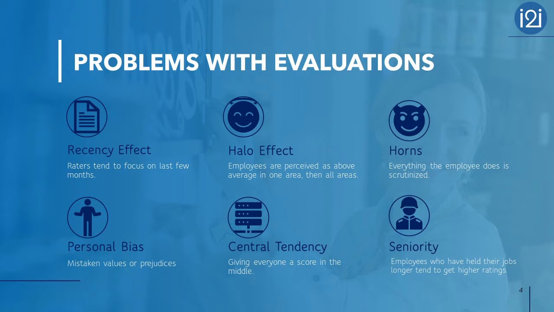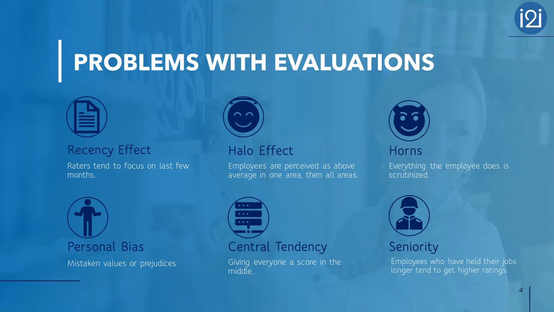Another common problem is that supervisors or managers give everyone very good ratings simply to avoid hurting employees' feelings. Still others fall into the central tendency effect, giving everyone a score in the middle. If your rating scale is 1 to 5, giving everyone a 3 doesn't really take a stand or provide meaningful feedback on their performance. And the seniority effect.